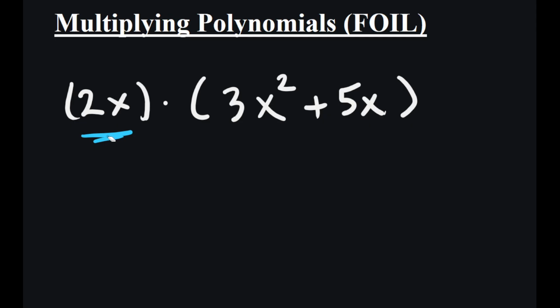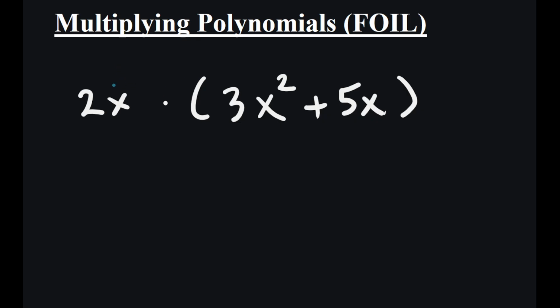And how we would do this, first, let's take a look at this set of parentheses right here. There's only one term inside the set of parentheses, 2x. So we can go ahead and drop the parentheses. There's no like terms, no other operations we can do. It's simply just 2x. So let's remove that set of parentheses and look at what we have. 2x times parentheses 3x squared plus 5x.